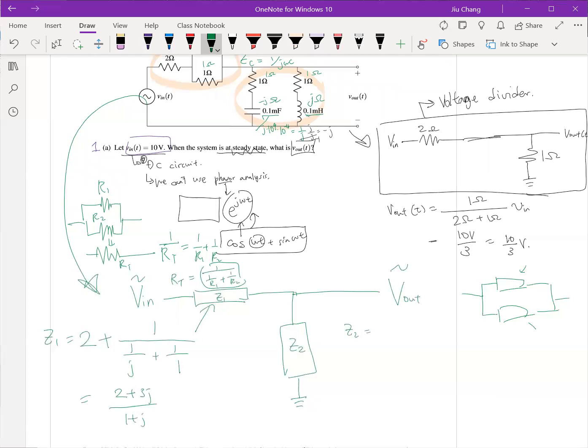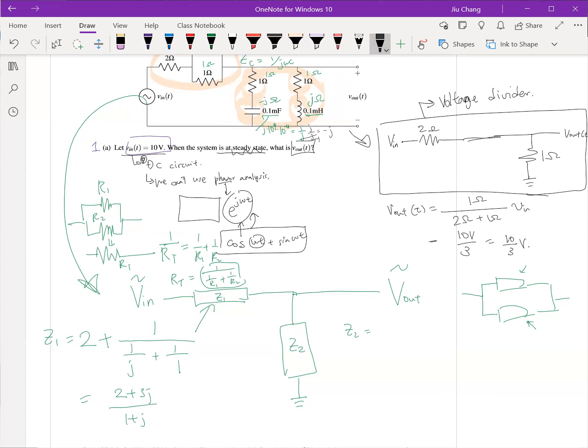this part and this part are both in series. So we have this resistor and the capacitor in series, and the resistor and the inductor in series. And we want to connect them in parallel. So let's first solve for the series part.